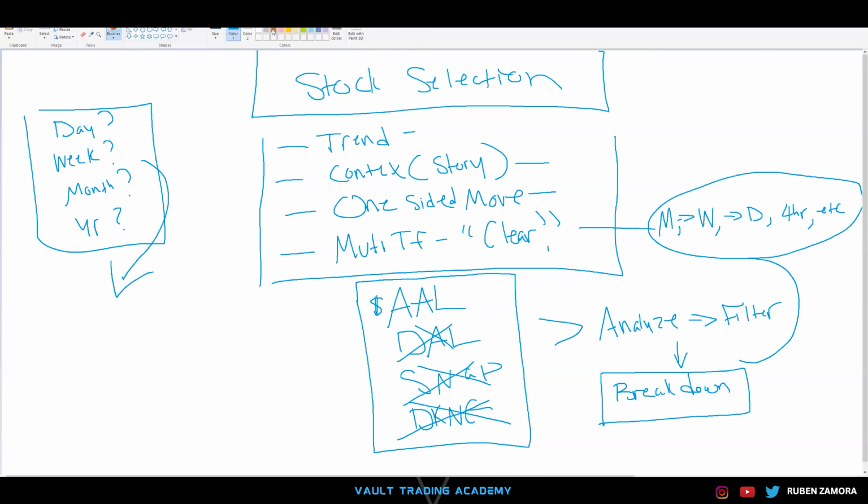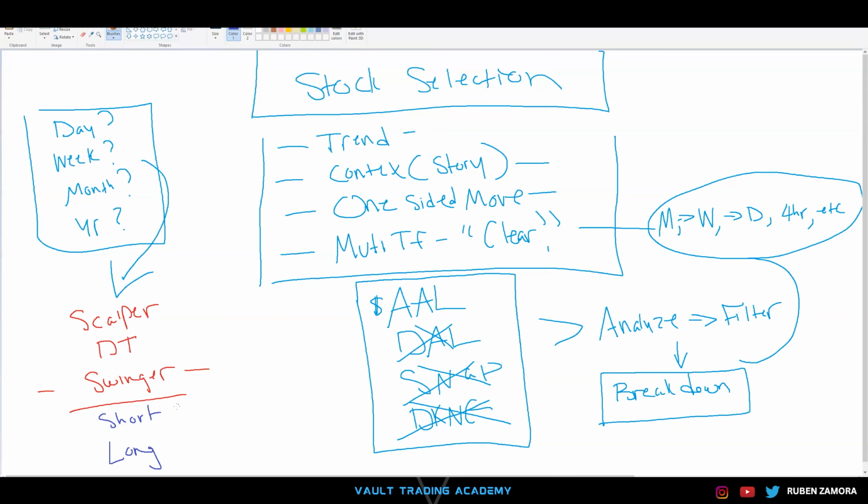Are you a scalper? Are you a day trader? Or are you a swinger? There are two types of swingers: short and long.